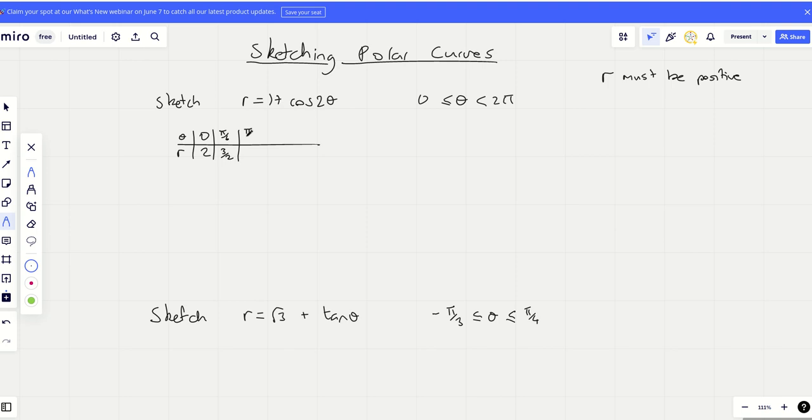If you did pi over 3, though, suddenly you're going to get cos 2 pi over 3. All of a sudden that's negative, and that's going to go to 1 minus a half, which is a half, because cos 2 pi over 3 is negative a half. Let me just get this right. I can just see it in my head basically.